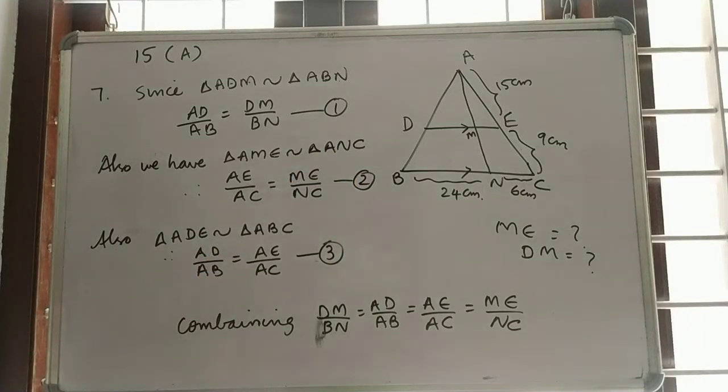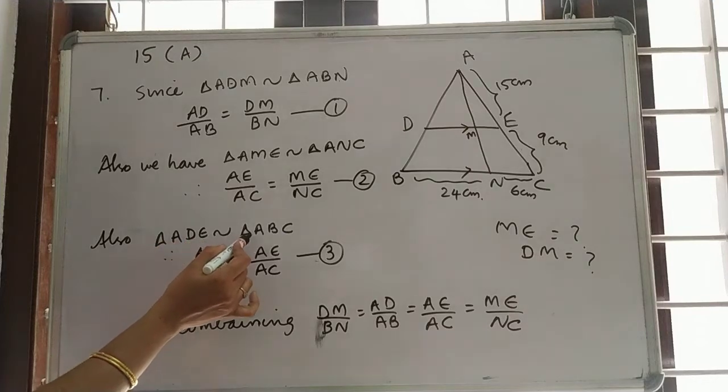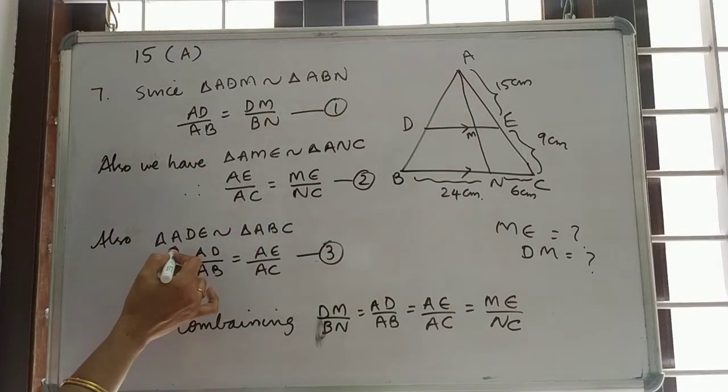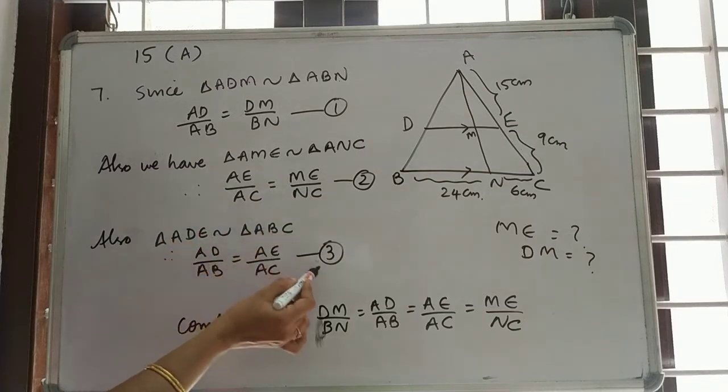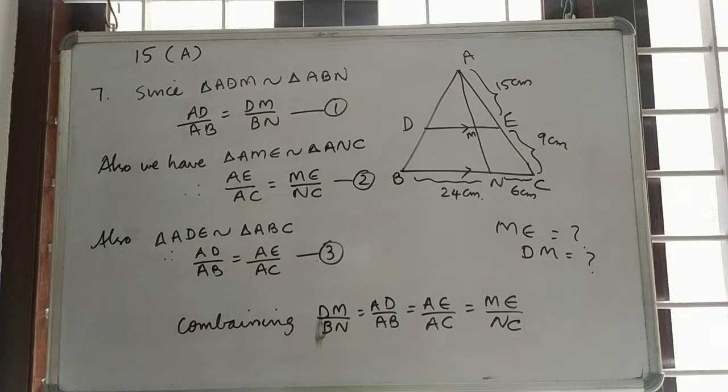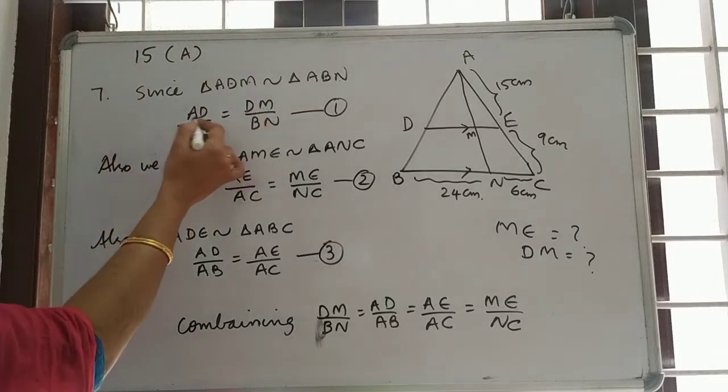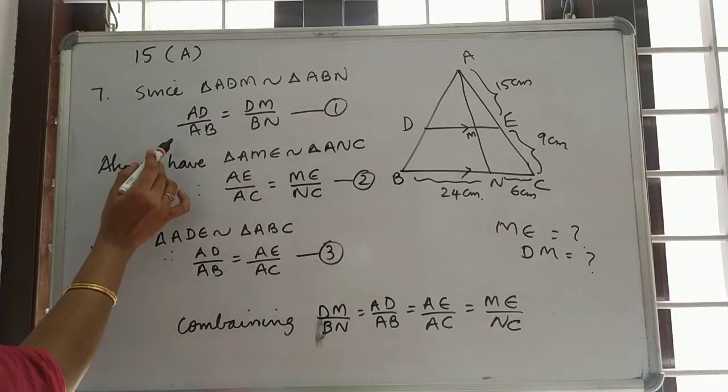And also we have ADE similar to triangle ABC. So we can write the proportionality AD divided by AB is equal to AE divided by AC. Let it be equation number 3. Combining these three equations, DM by BN is equal to AD by AB.